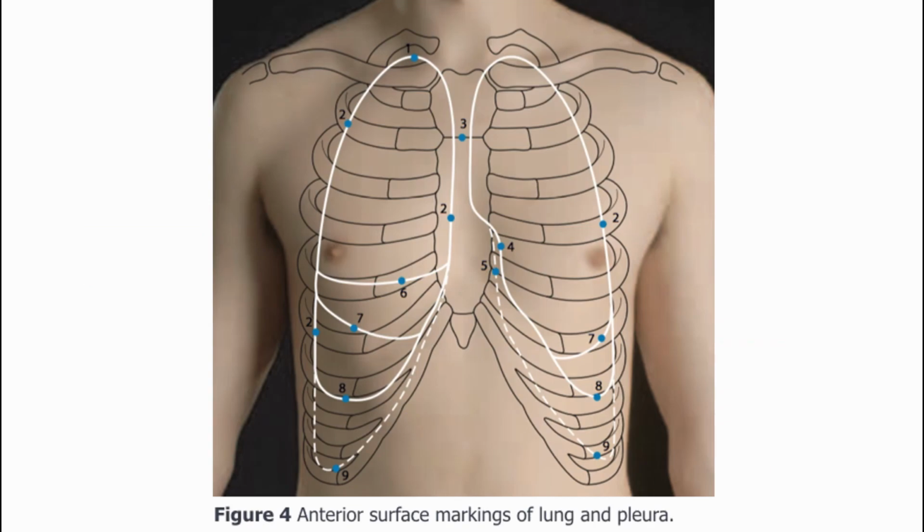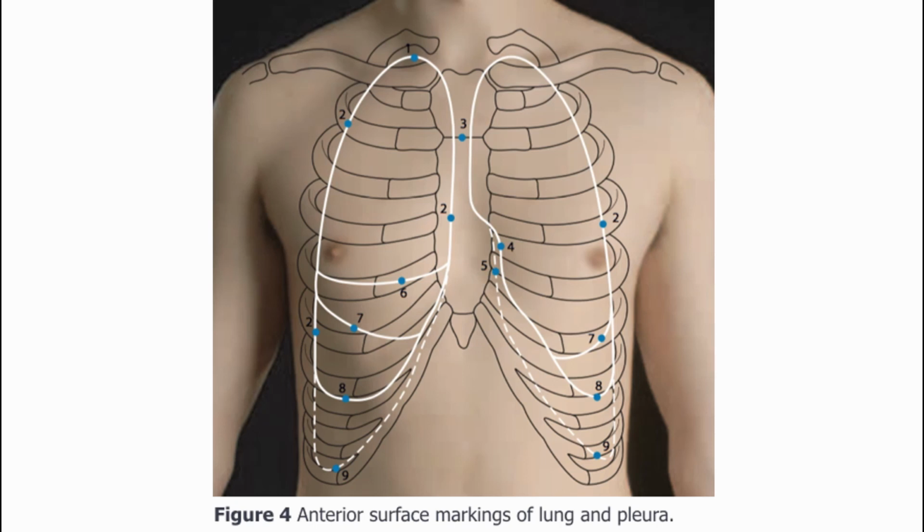Here are the landmarks of the lungs and the pleural cavity. Anteriorly, the horizontal fissure is along the sixth rib, and the oblique fissure extends along the line from the sixth intercostal space and then to the seventh rib.